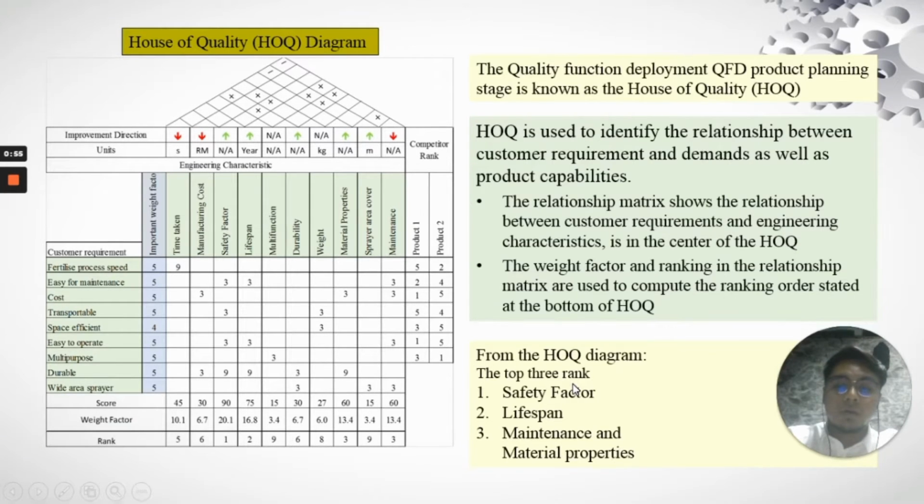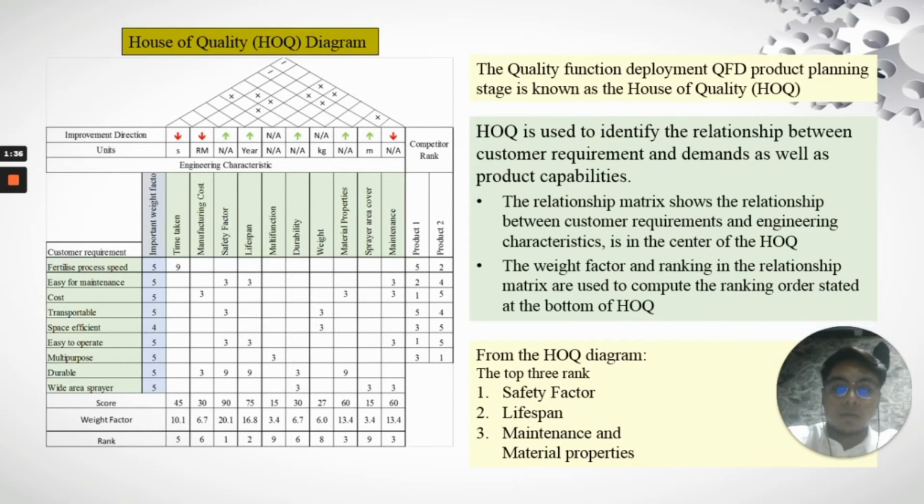From the HOQ diagram, our product has been ranked on three important engineering characteristics, which are safety factor, lifespan, and maintenance and material properties. The improvement for the safety factor is in terms of easy maintenance, transportable, easy to operate, and durable.